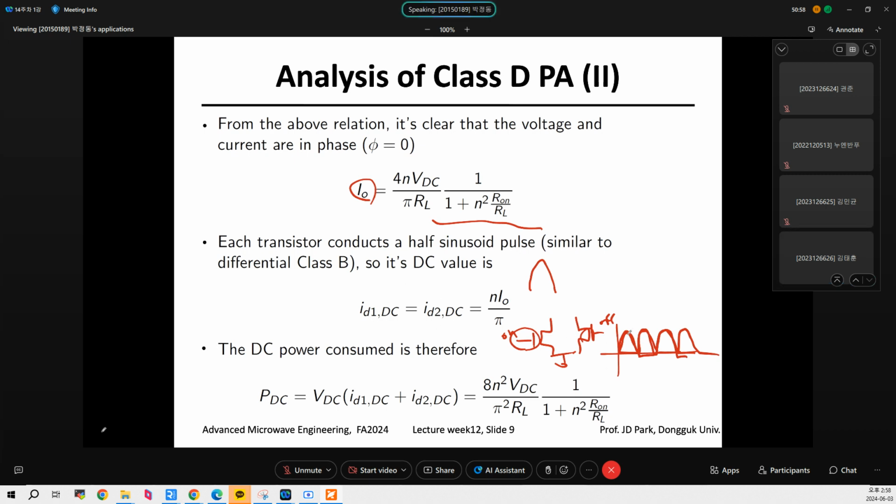Therefore, this current and this current are the same, as we observed. So this is actually 1 over pi times I out, and since this is a 1 to N transformer, the current is actually, this is wrong, actually this has to be N, because we just defined it in this way.